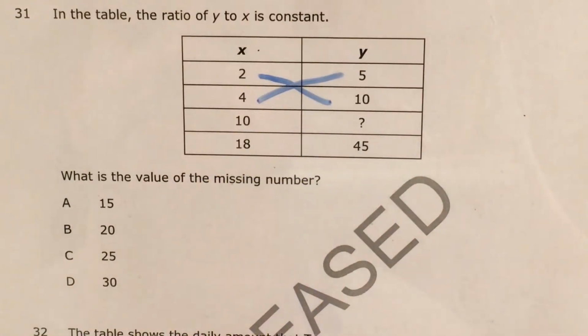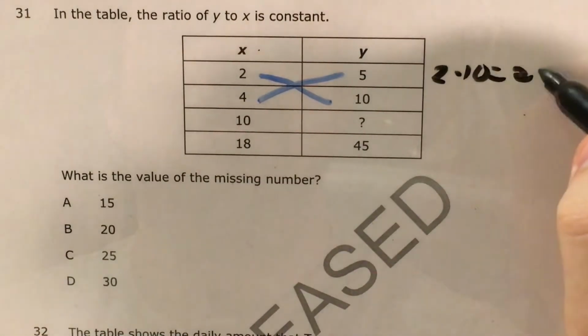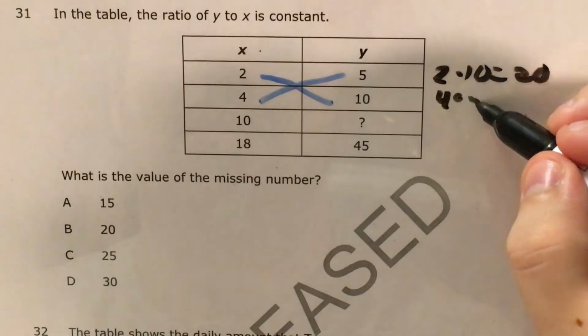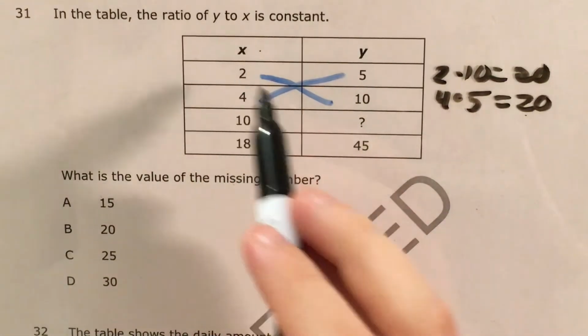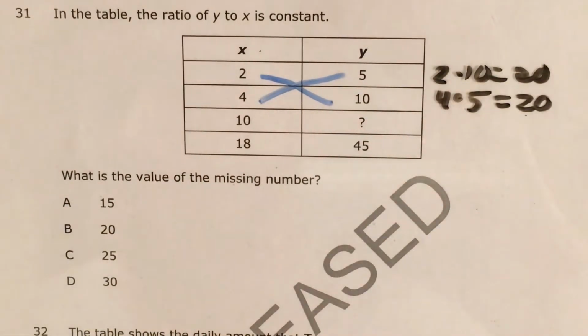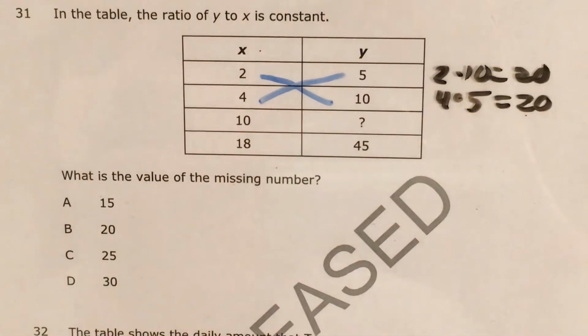They haven't made a typo on this problem or anything like that. And so I would go ahead and find that 2 times 10 equals 20. 4 times 5 equals 20. So just use cross multiplication to test this pattern and make sure that it works. And this is one way that we solve proportions. So you could see like 2 over 4 and 5 over 10 in fractions, and you would use cross multiplication to test them. You'd use the same idea.